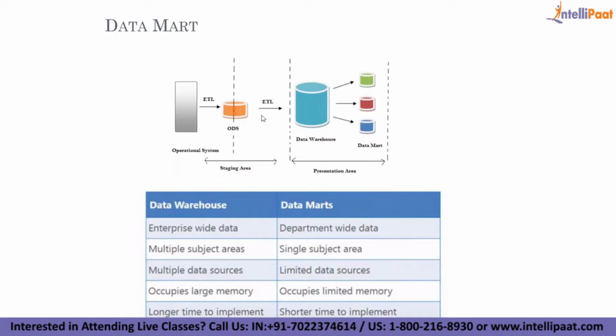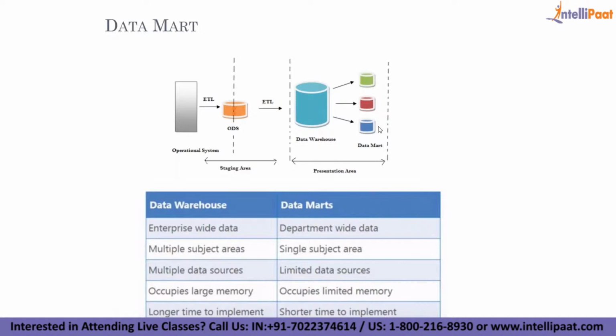Staging area is one of the stages in the ETL process. We will land all the data from the different OLTP systems to staging. From the staging, we will move the data to the data warehouse. From the data warehouse, we will create a subset, either logically or as a separate data mart. Again, the data mart is also a database, but it is logically divided.